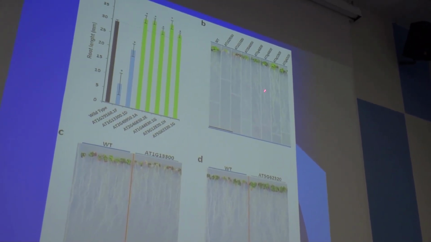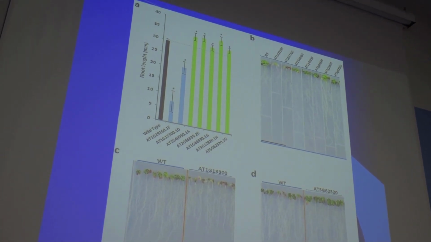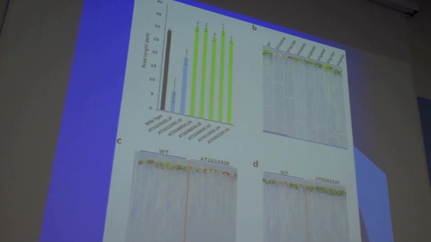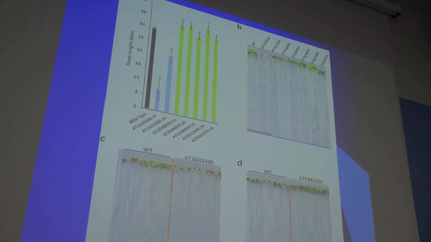In some other cases, it even overshoots, so it grows too much. So really, in no case, you see here the error, do you stay in the population of the wild phenotype. So it means that if you touch one by one these genes, you determine a completely different phenotype of the plant.